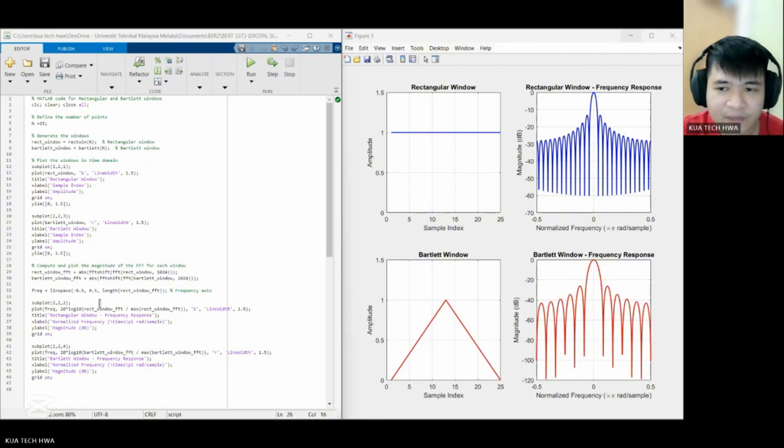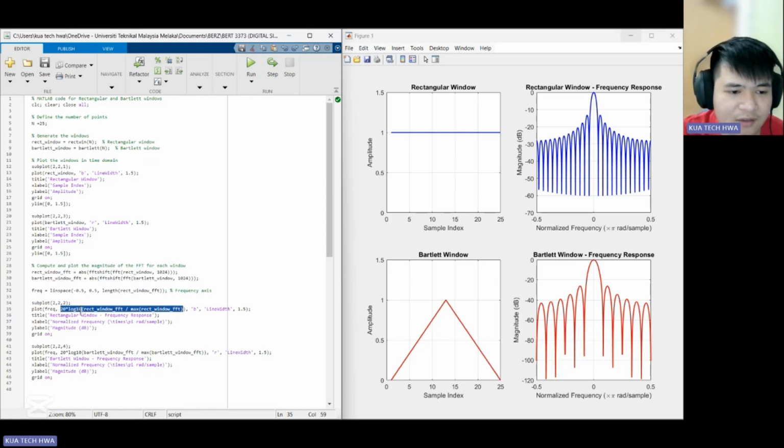Then we plot the frequency response graph using plot. This axis is the frequency, and this one is the formula for the magnitude in dB.